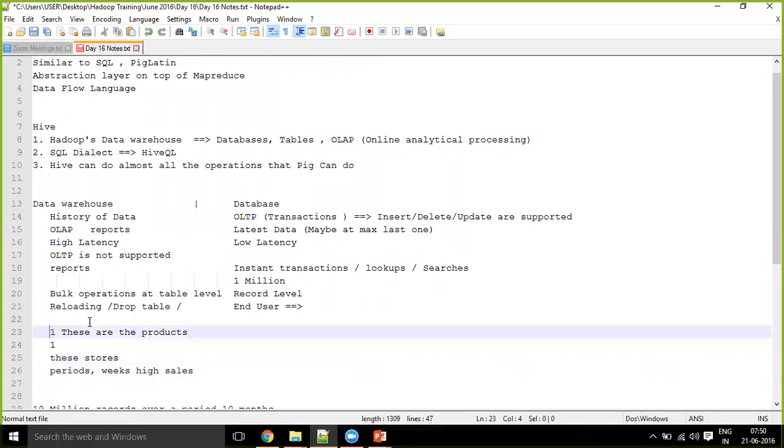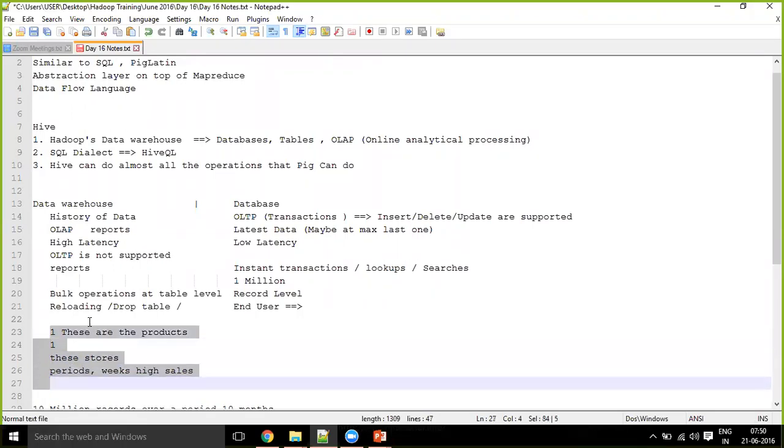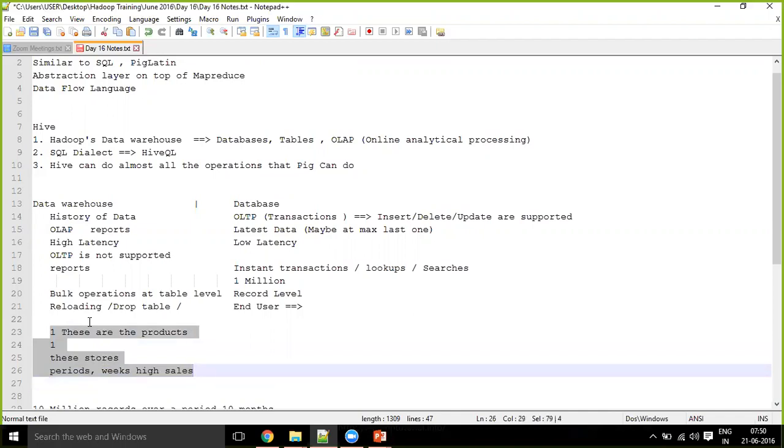So in order to come to these conclusions, we'll get accurate results only when you have enough data to take those conclusions. Just by looking at 1 week of data, telling this product is having high sales, invest more on this, that might not be a good decision.